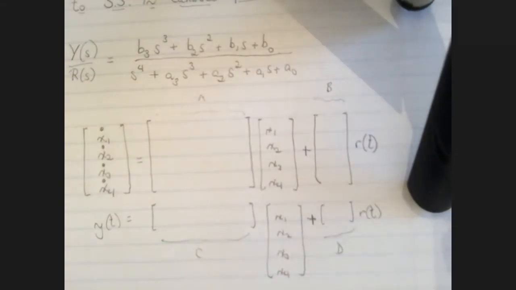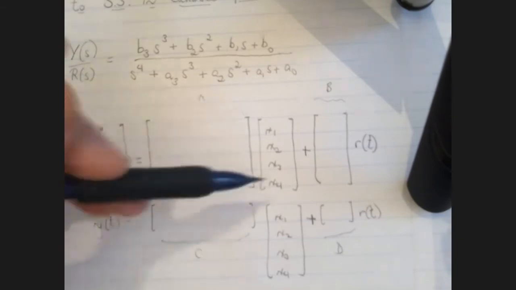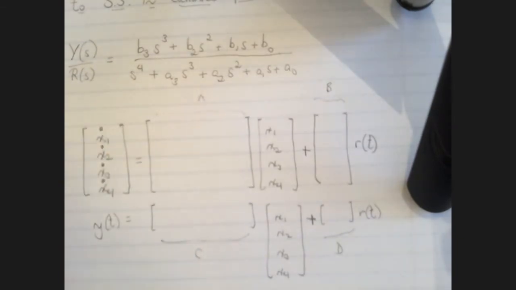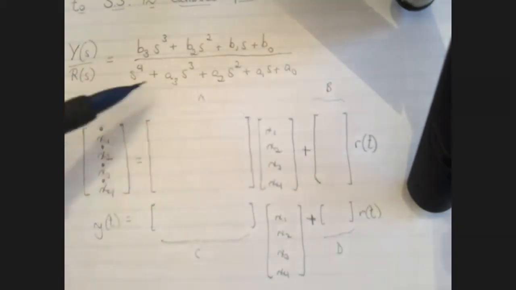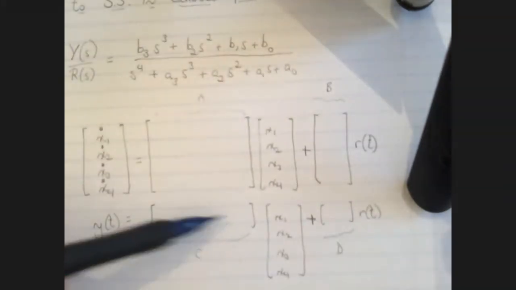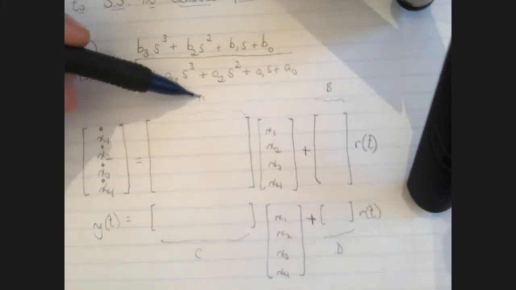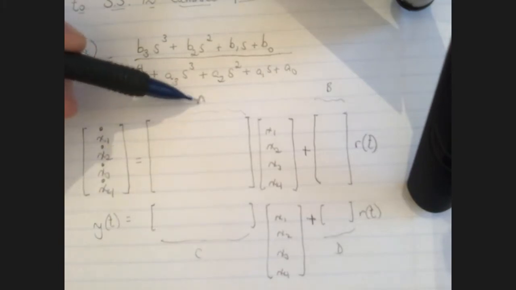This is my C, and this is my D. All right, so just to get us started, we've got everything of the right dimensions. So now it's a matter of, based off of this transfer function, can I plug in different things here so that I can always get an A, B, C, D that's correct and corresponds to the same system.